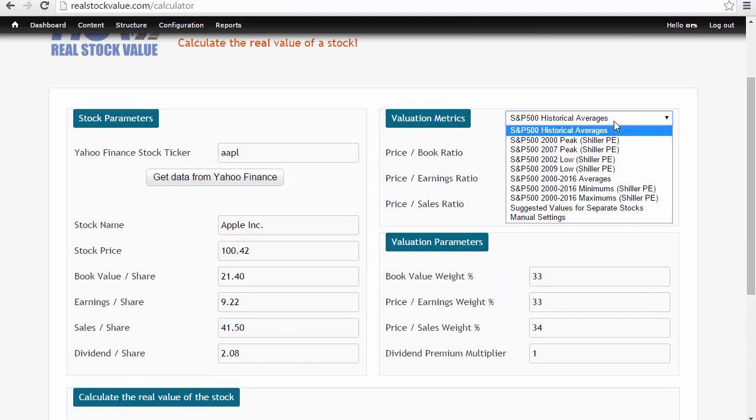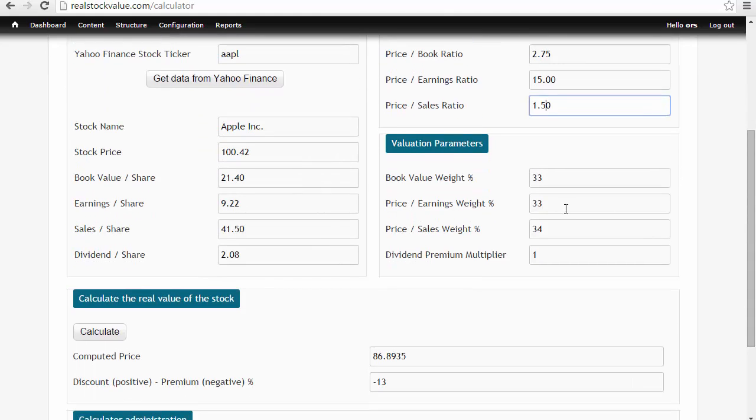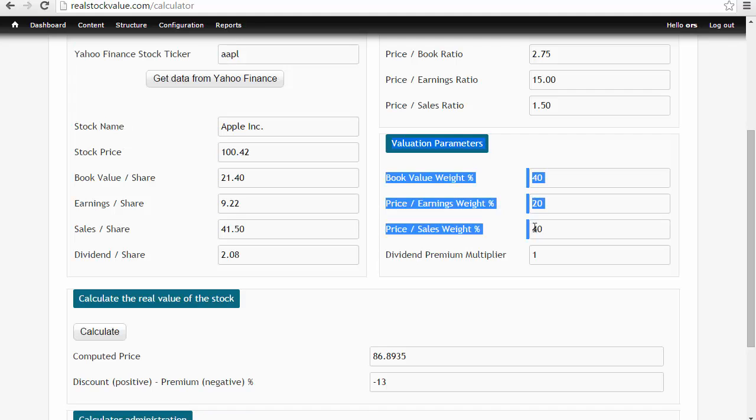We can select different metrics here, or if we are not satisfied with any of these, then we can select manual, and we can just write here any number and compute based on that. We can also change the weight. Let's say I consider that book value is more important and price per earning is not that important.